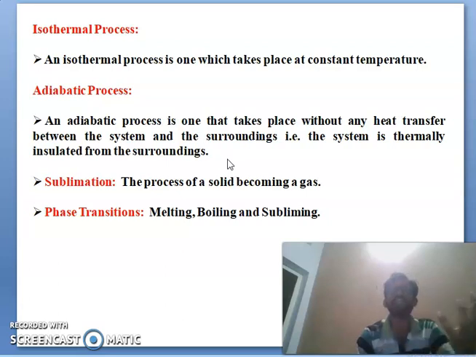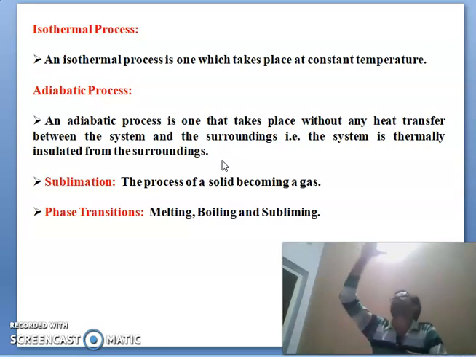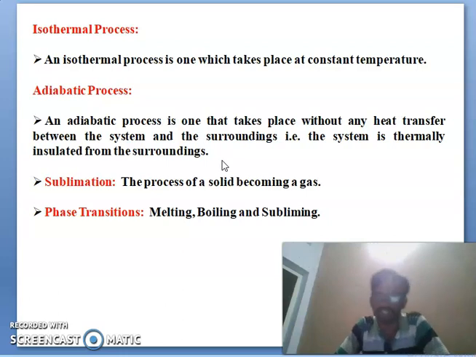That is called the adiabatic process. There is no transfer of heat, so simply you can say one word, insulator. What is sublimation? The process of a solid becoming a gas. The solid is directly converted into the gas state, that is called sublimation. What is phase transition? Melting, boiling and subliming are phase transitions.